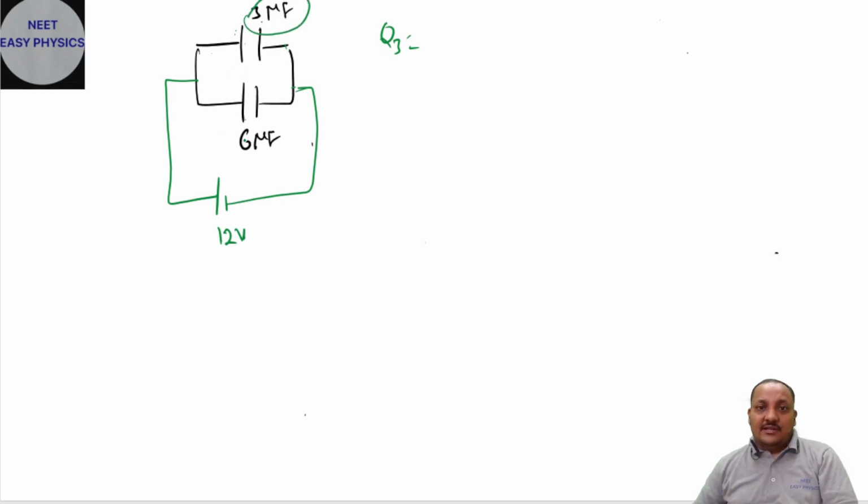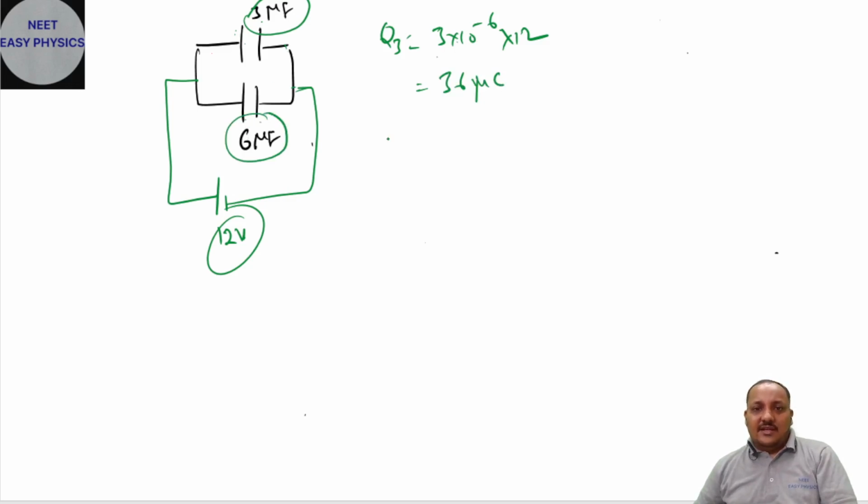Both are connected in parallel. Parallel means what will be the same? Voltage is the same. Therefore, directly we can write 3 into 10 power minus 6 into 12, which is 36 microcoulomb. Now what is the charge on 6 microfarad? Q on 6 is equal to 6 into 10 power minus 6 into 12, that is 72 microcoulomb.